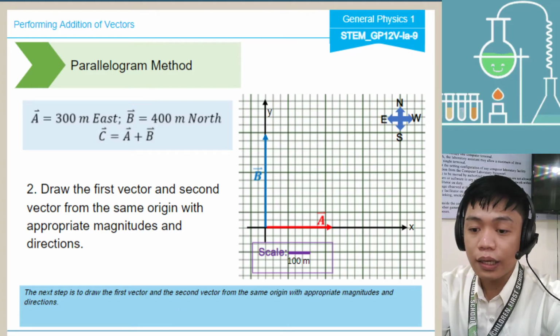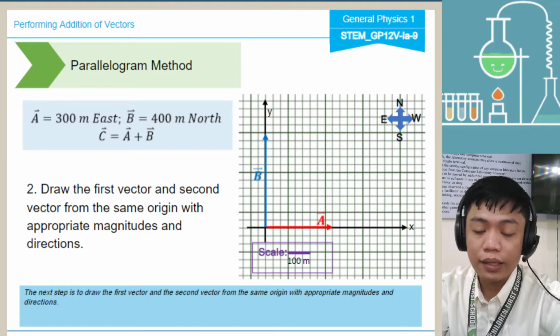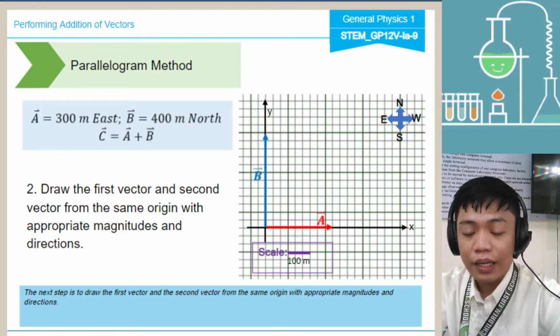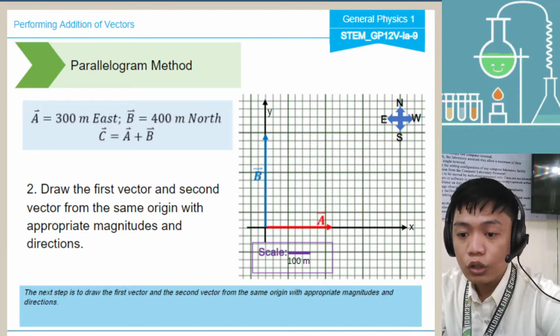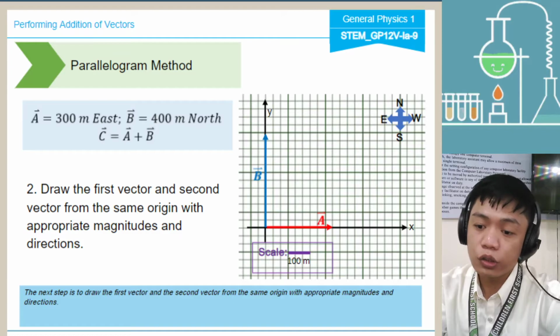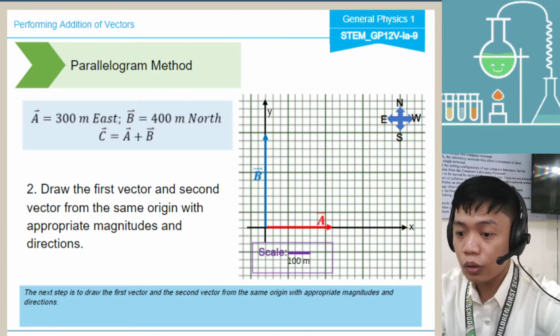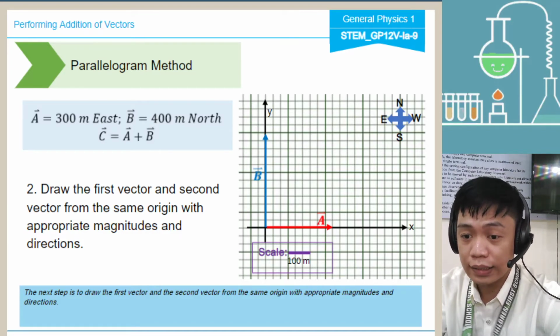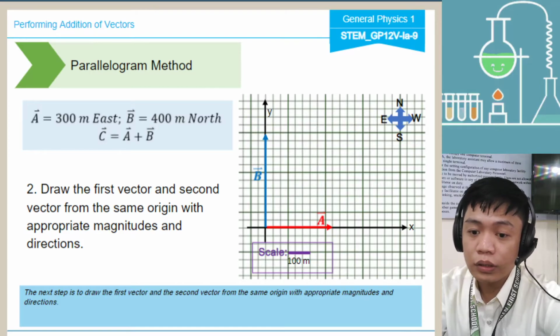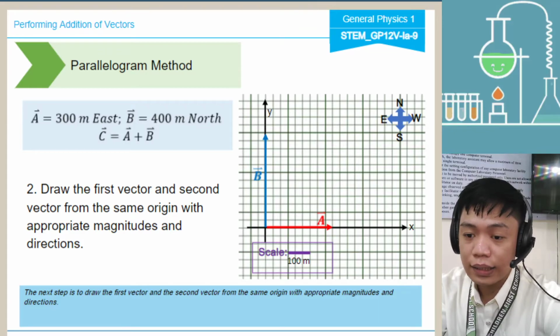The second one is to draw the first vector and the second vector from the same origin with appropriate magnitudes and direction. The magnitude of the A vector, or the first vector, goes to the x-axis. The magnitude for the B vector goes to the y-axis.